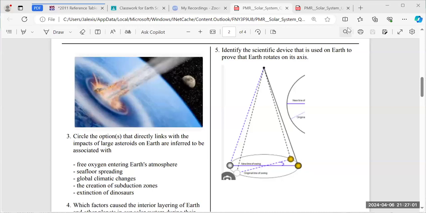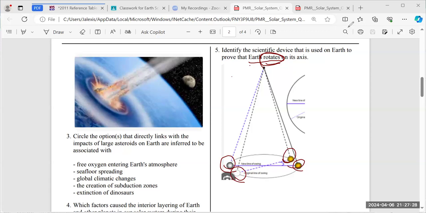All right, number 5 says, identify the scientific device that is used on Earth to prove that Earth rotates. Key word, that Earth rotates on its axis. So we have this pendulum that swings back and forth, and to us, it appears to change direction as it's swinging.